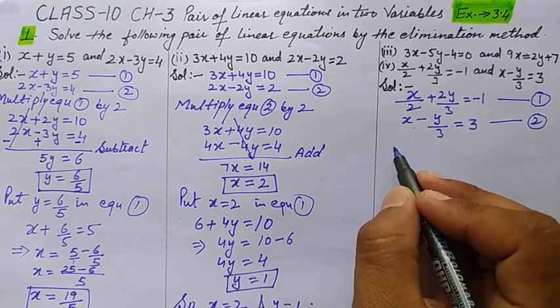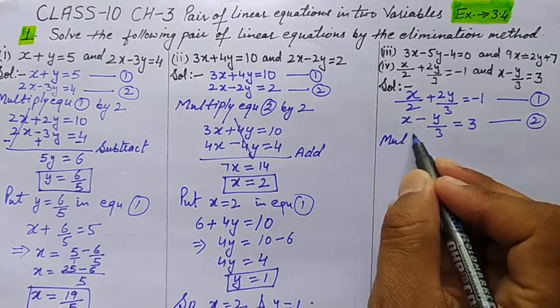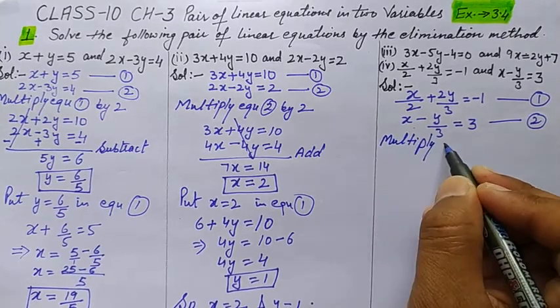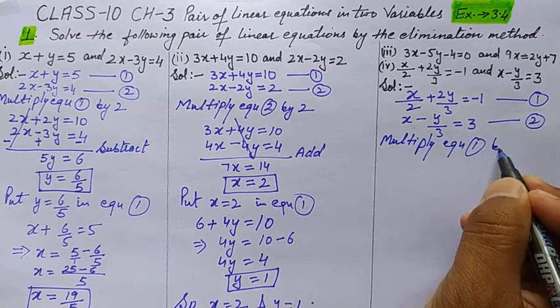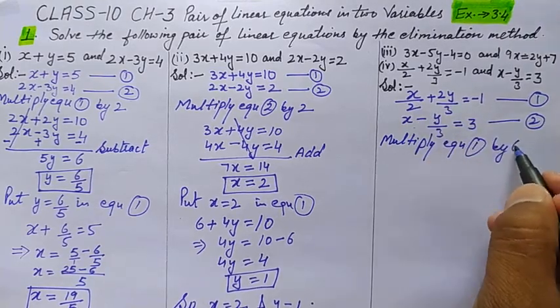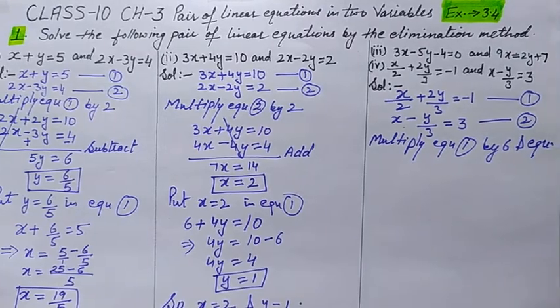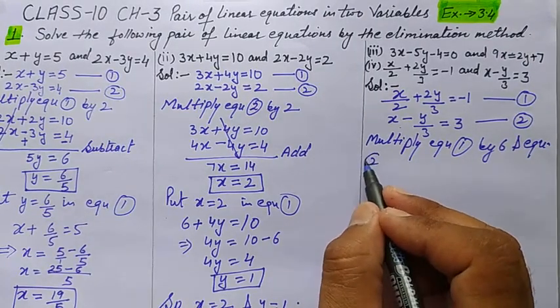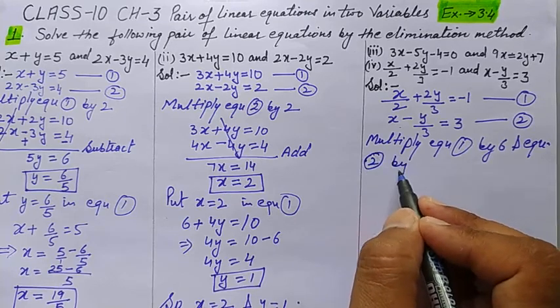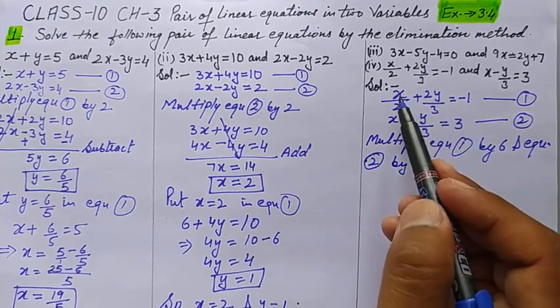So I'll write: multiply equation 1 by 6 and equation 2 by 3.